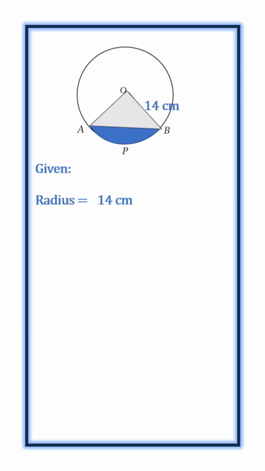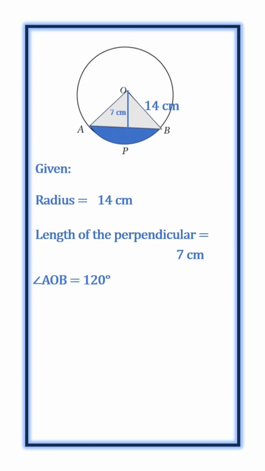OD is equal to 7 cm. Angle AOB is 120 degrees, full angle. So angle DOB is equal to 60 degrees, and DOA is also 60 degrees. What to find out? Area of the segment APB.